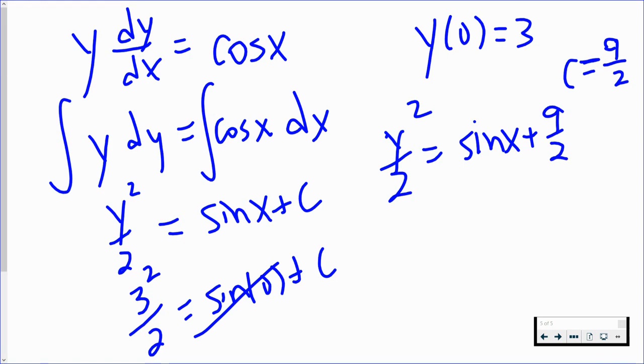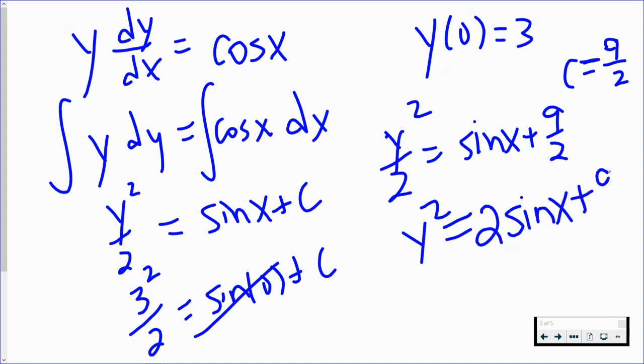Okay, so let's multiply by 2. So y squared equals 2 sine of x plus 9.